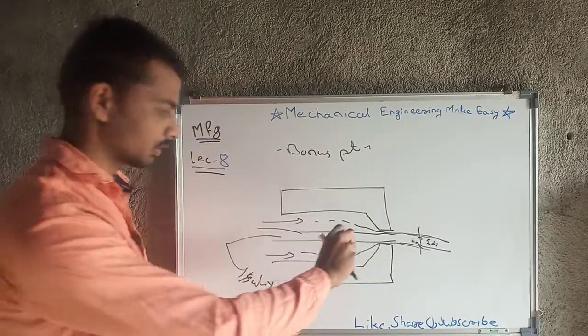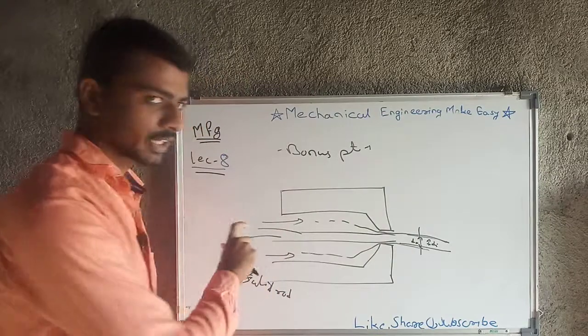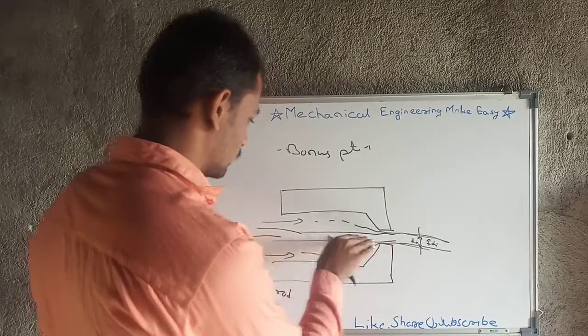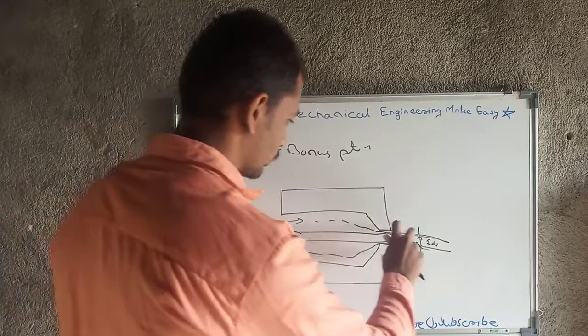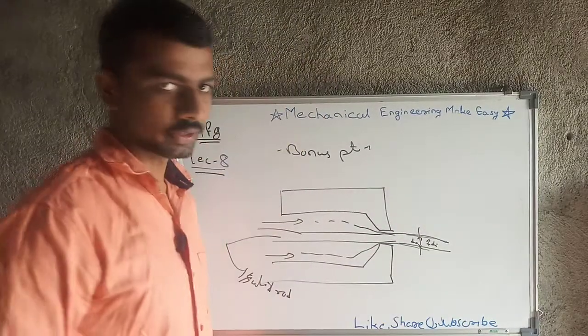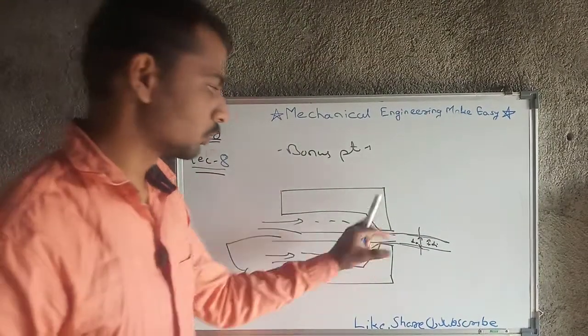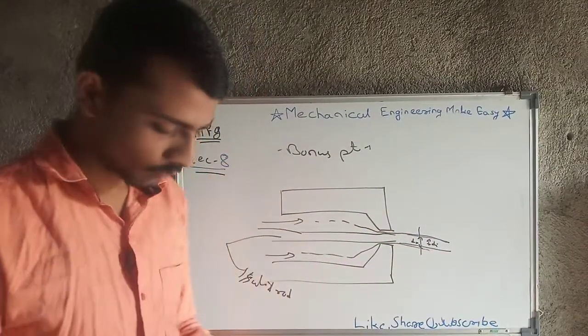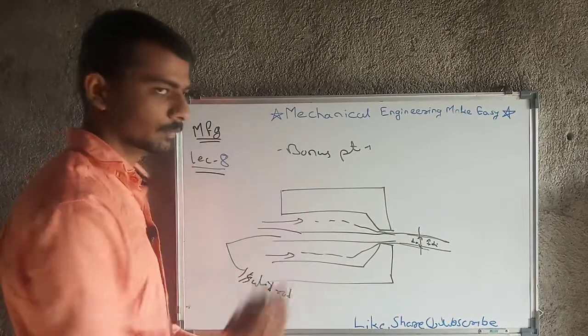So the raw material should also have a hollow portion, and with the help of that hollow portion we form the tube. Means we form a small diameter tube. This is the case of tube drawing.